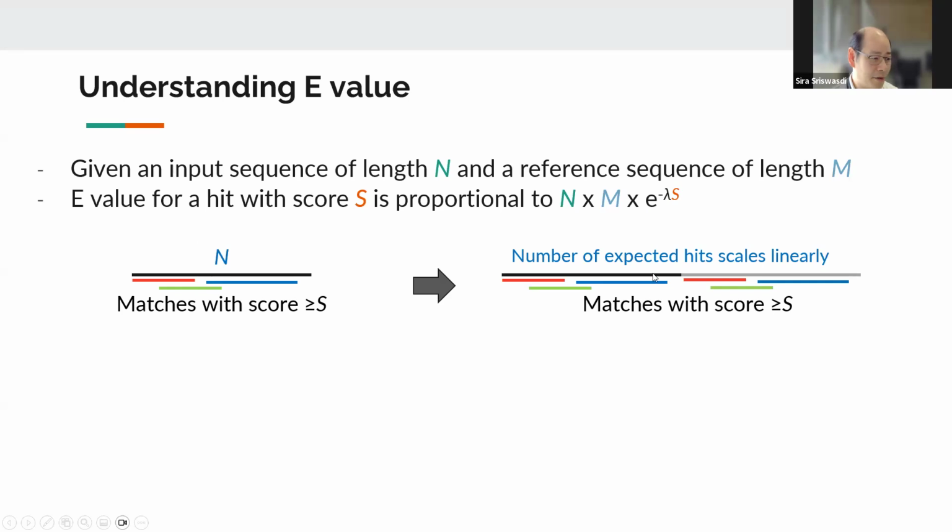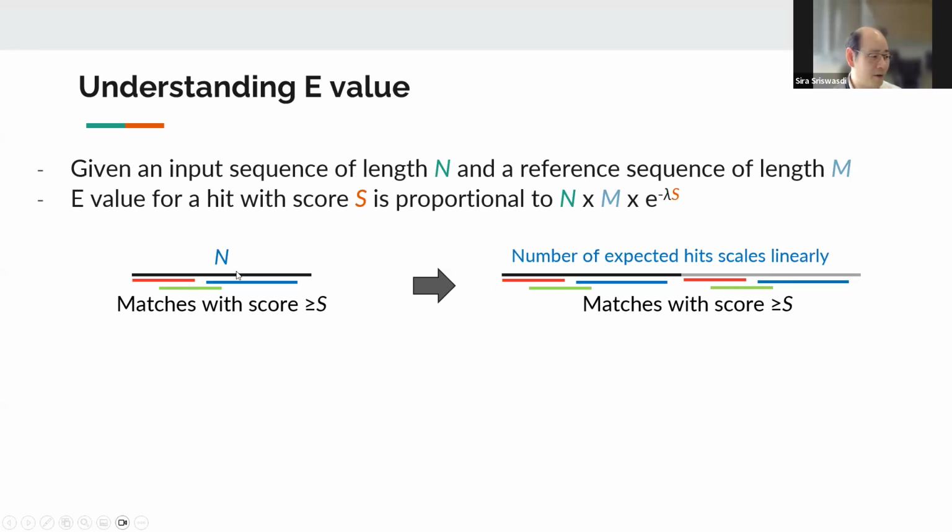Let's say you input another sequence that's twice as long, so your sequence length now becomes 2n. Let's say you put the same sequence twice. Just imagine that you can copy and paste your sequence twice. Whatever BLAST alignment you get from the first portion, the black part, you're going to get also in the second part because you copy and paste the same sequence.